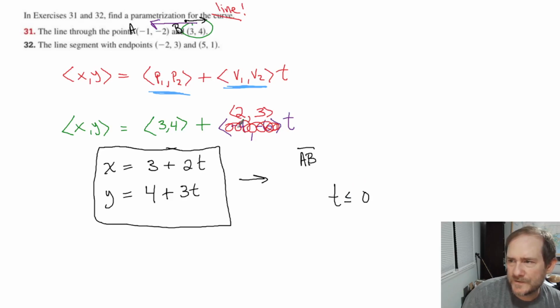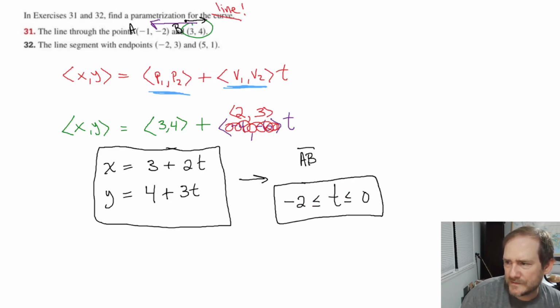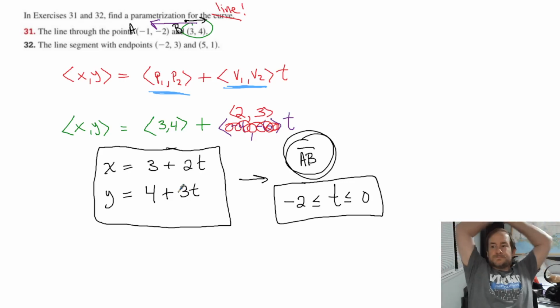Now I also chopped this vector in half. So to get all the way to A, I would need 2 of those vectors. So A would be associated with -2, and B would be associated with 0. So if I just added this parameter interval to this parameterization, then I would be getting segment AB instead of line AB. And hopefully that makes sense.